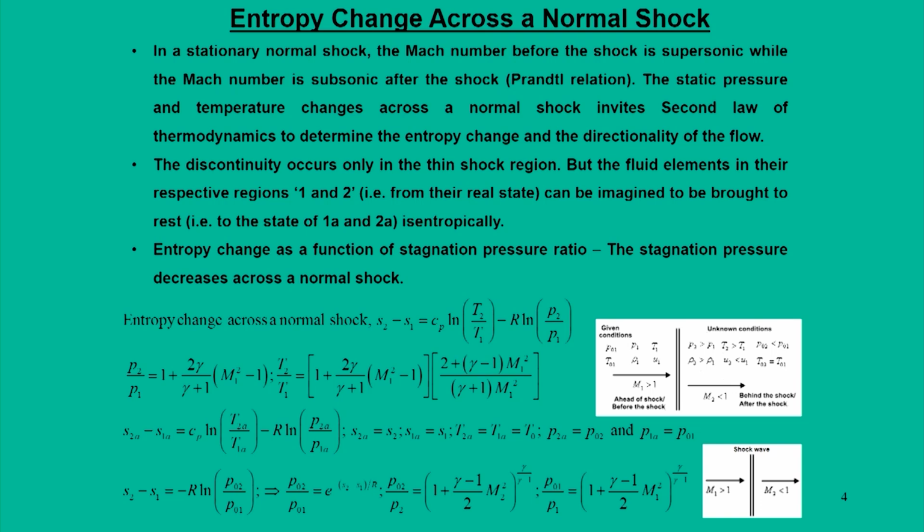With this background, we will try to see what happens to the flow field when a streamline crosses a normal shock. By definition, a normal shock is a discontinuity in the flow medium. If you see, your upstream conditions before the shock, the flow field is almost isentropic in nature, and downstream of this normal shock the flow field is also isentropic in nature.